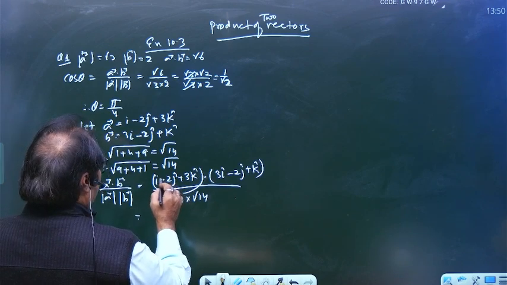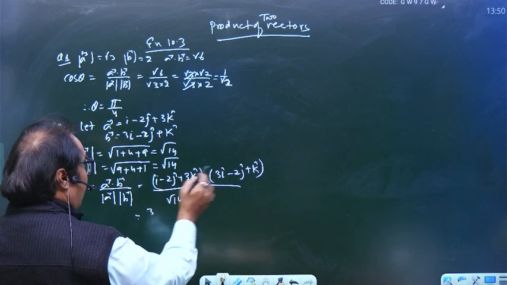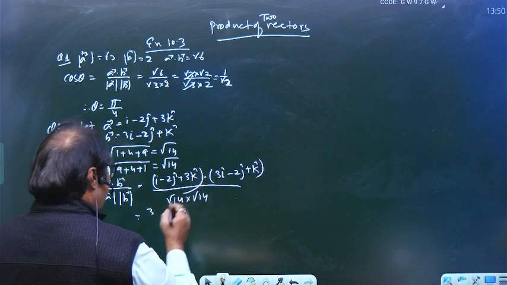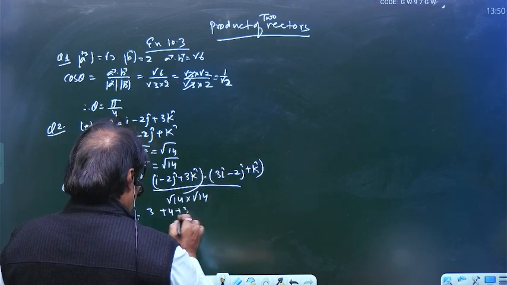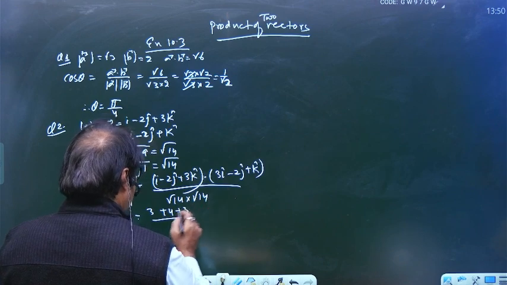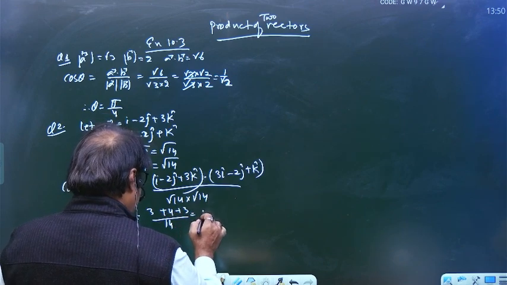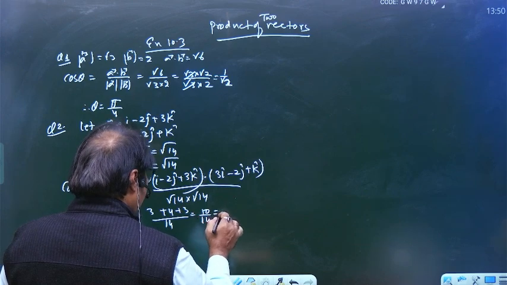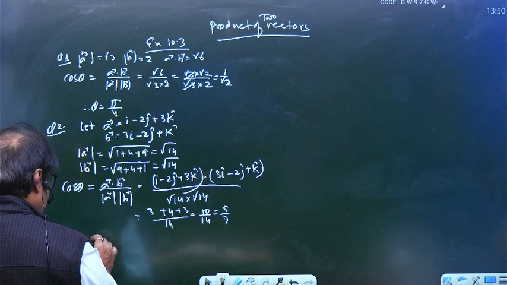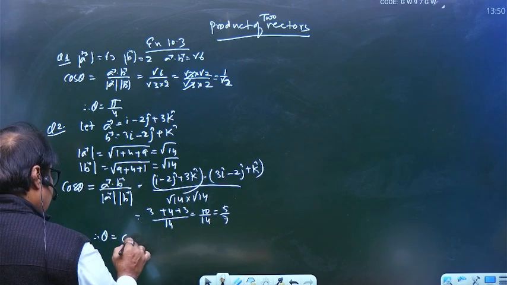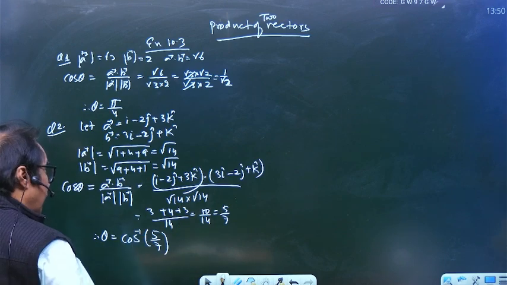I and i, 1 into 3 is 3, then minus into minus plus 4, 2 into 2 is 4, and plus 3 into 1 is 3, divided by 14. So 4 plus 3 is 7, plus 3 is 10, 10 by 14, which is equal to 5 by 7. So what will theta be? Theta is equal to cos inverse 5 by 7, because cos theta is 5 by 7.